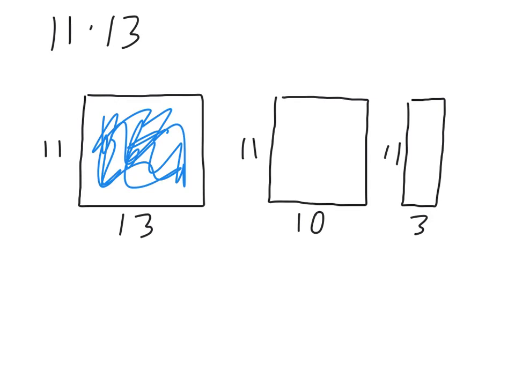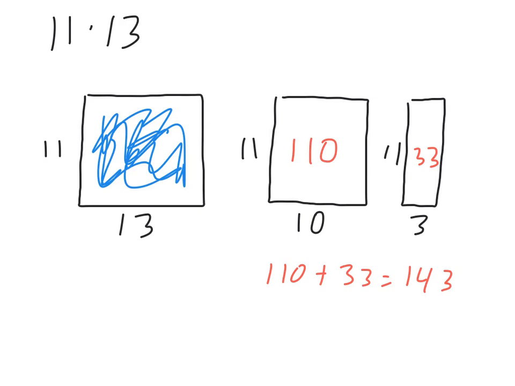So we know that 11 times 10 will give us the area, and that'll give us 110. And 11 times 3 is 33. So if we want to find the area of the entire rectangle, we just add those two. And we get 110 plus 33 is 143.